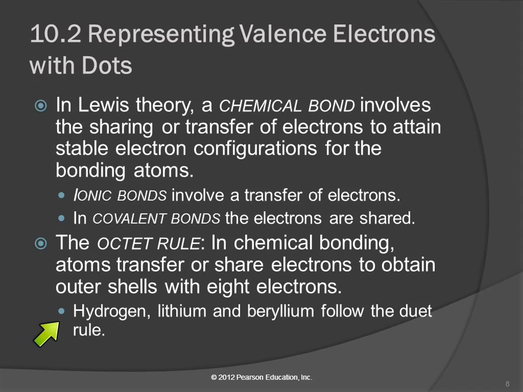And these little guys, hydrogen, also lithium and beryllium, they follow the duet rule. They're just trying to get 2. We don't need to talk about helium following a rule because helium doesn't make any compounds. Helium's all cool with himself and he just doesn't interact with anybody. He won't share his electrons with anybody.